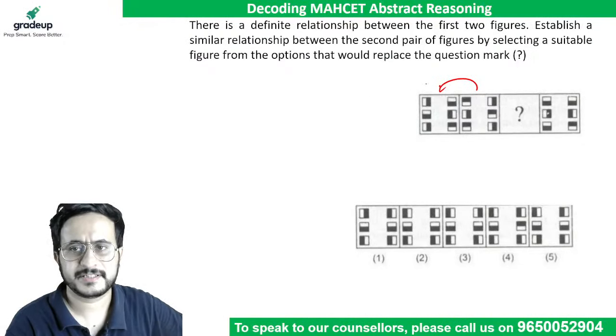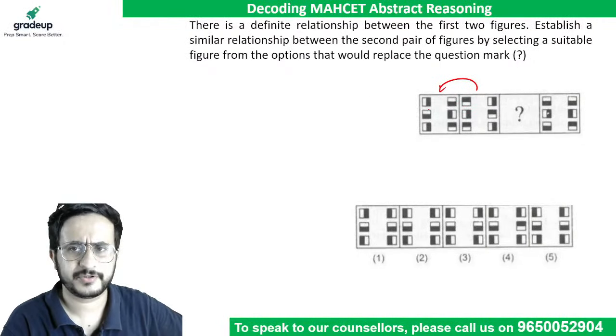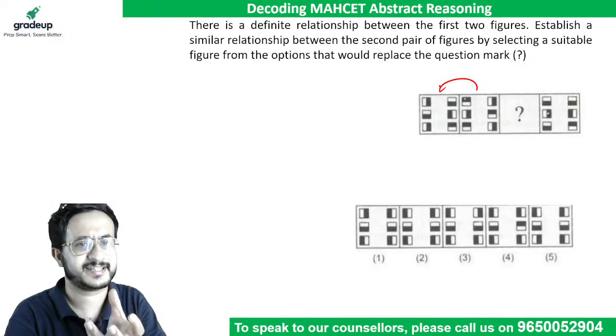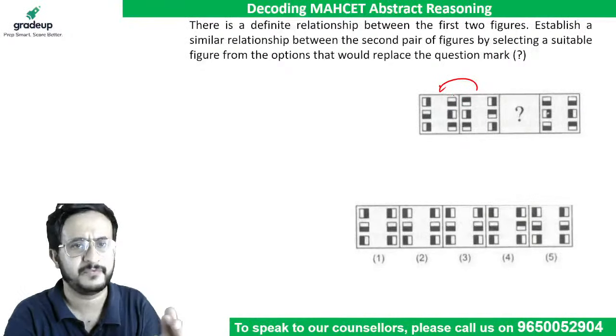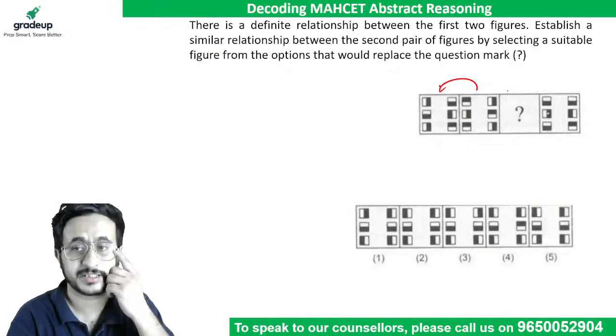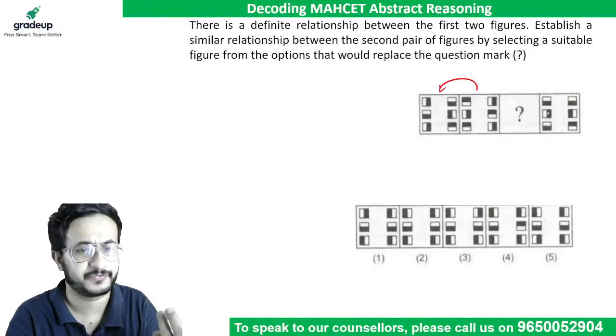So if we see the first element, do not check all 6 things. Check one by one, maybe 1 or 2 at a time. Do not check all 6, ki har cheez mein kya ho raha hai. That will take a lot of time to solve.